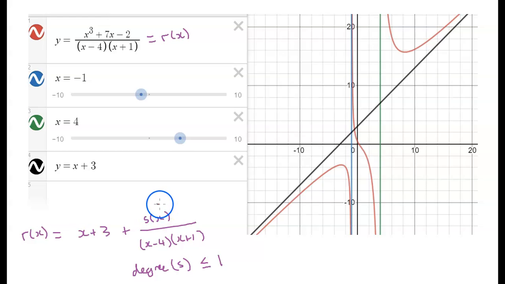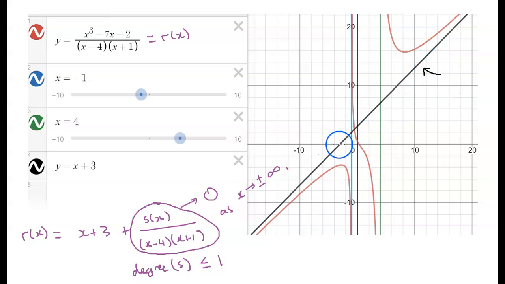So that would make this whole term go towards 0 as x tends towards plus or minus infinity. And hence we have the oblique asymptote, which is this one here, y equals x plus 3. Oblique asymptote.